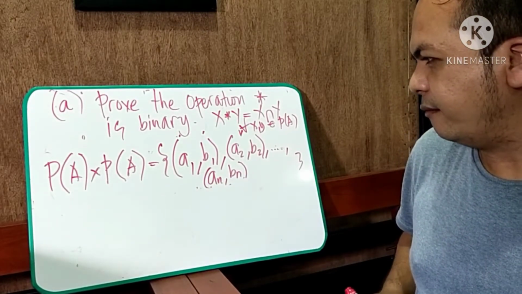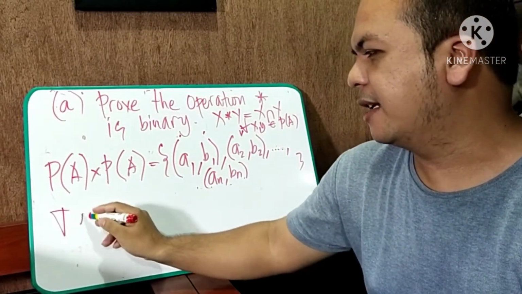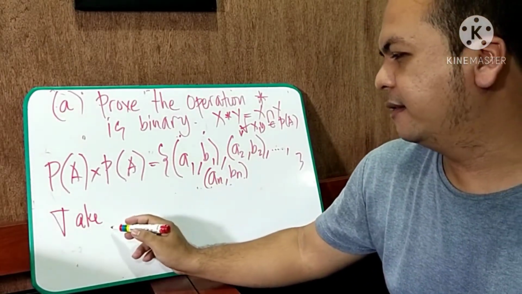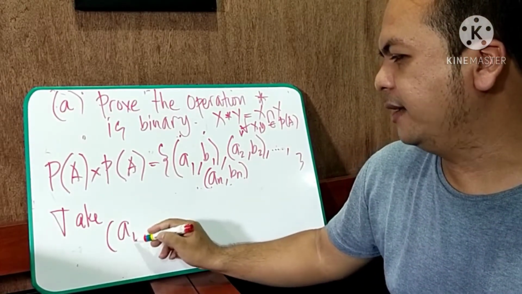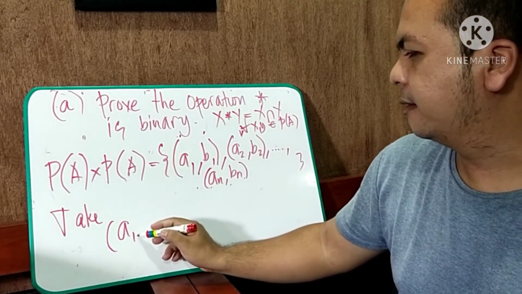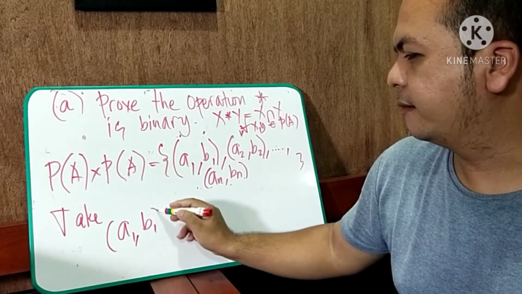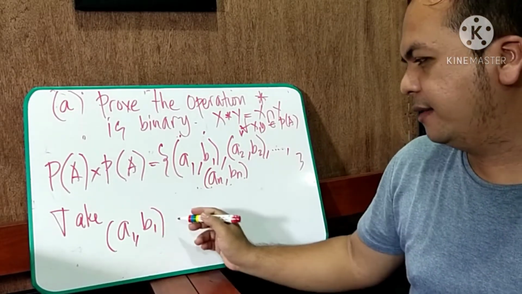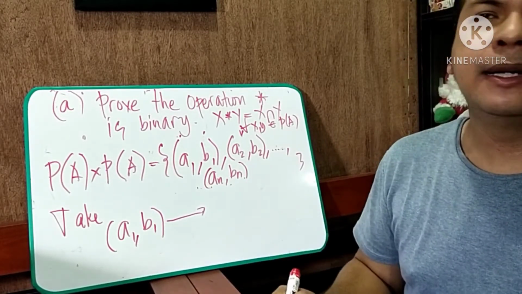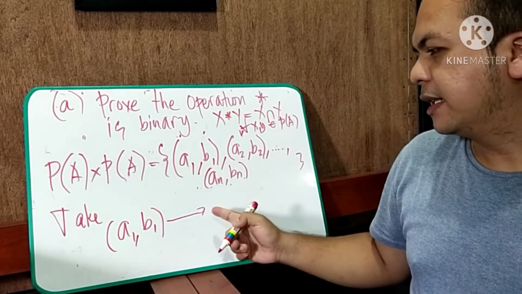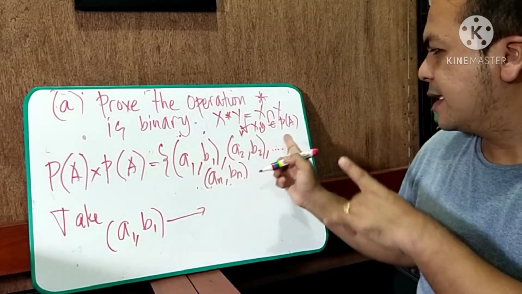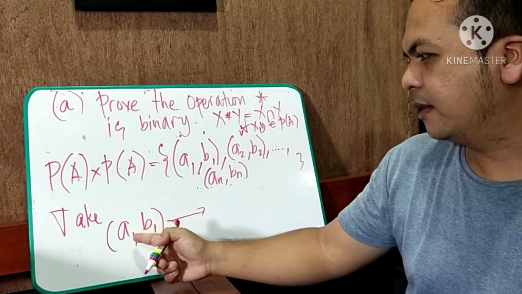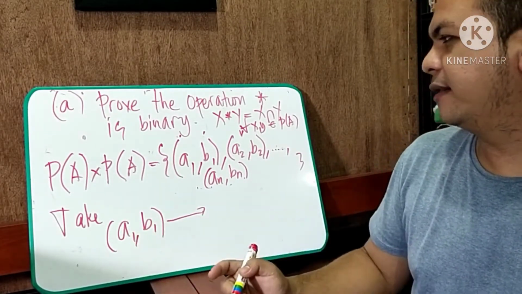Okay. So let's take natin yung ordered pair A1, B1. Okay? So if we take A1, B1, ano yung kamap nito sa A? Okay. A1, B1.